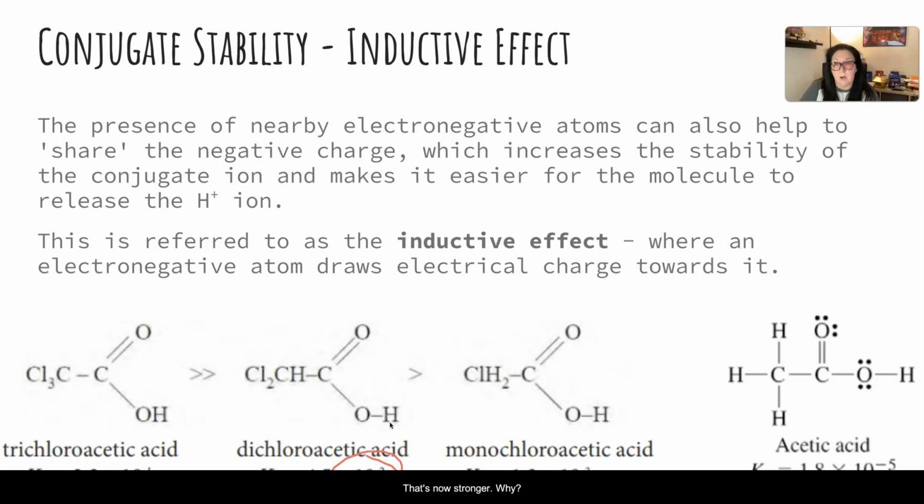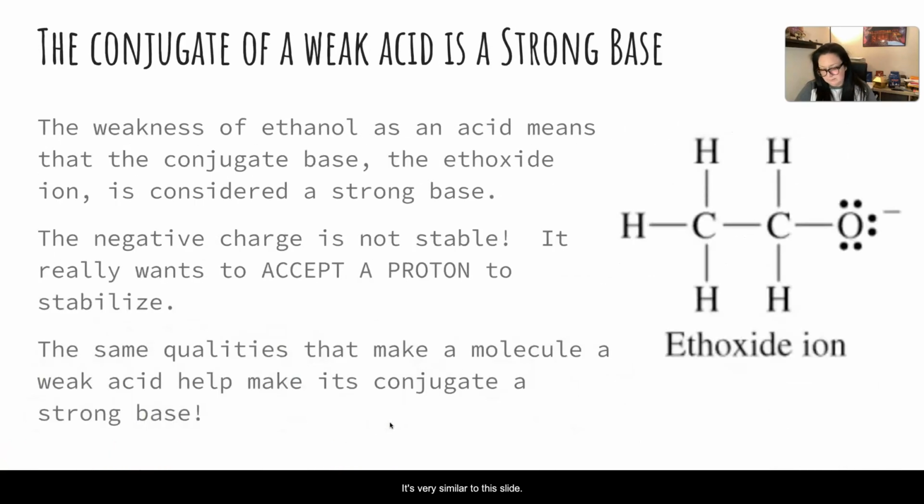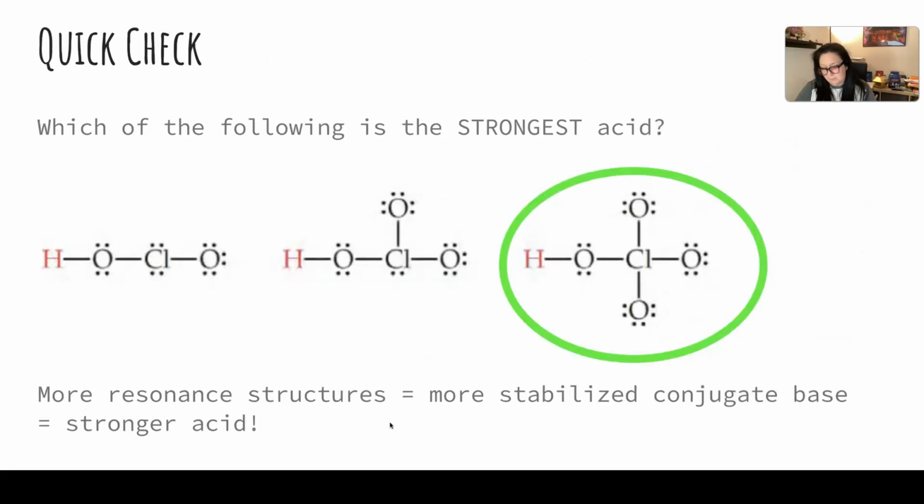That's now stronger. Why? Because I added another electronegative atom. Then add another chlorine and take off another hydrogen, 10 to the negative 1. This one's getting mighty close to being pretty strong. What's happening is very similar to this slide, but these additional oxygens are much closer to what's happening.